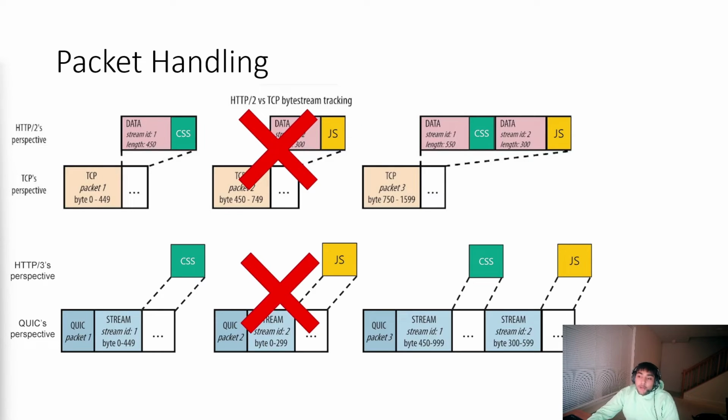Another feature that QUIC implements is the idea of packet handling. So the first row here, TCP, as you may know, doesn't actually have packet numbers, it has sequence numbers. So basically, TCP thinks it's only carrying 1 byte stream. TCP was initially designed for single files, as we mentioned earlier.